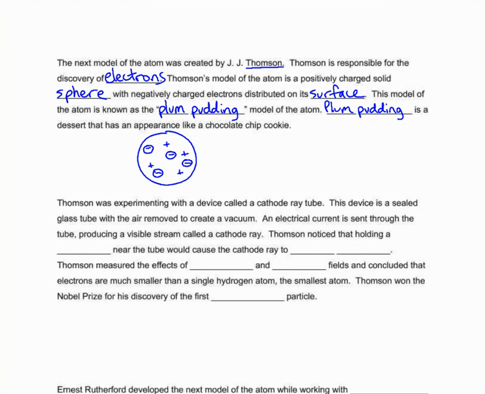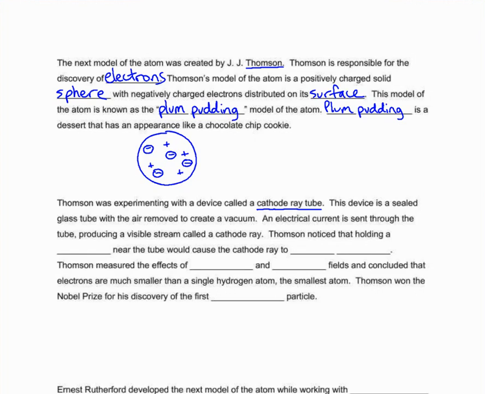So Thomson was doing some experiments. He had a device called a cathode ray tube. When I see you in class, I will get out something that I have that is a cathode ray tube, and we'll go through what's going on with it.